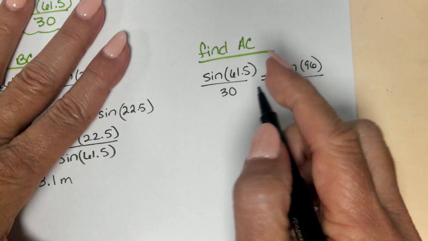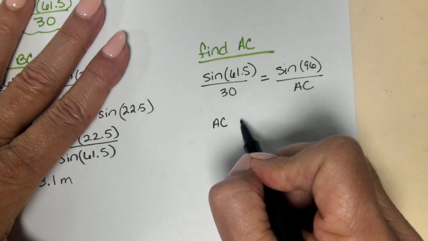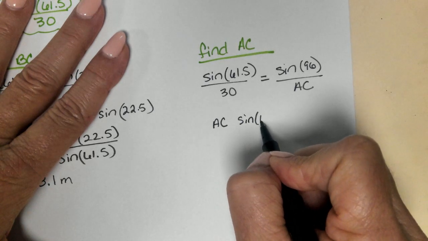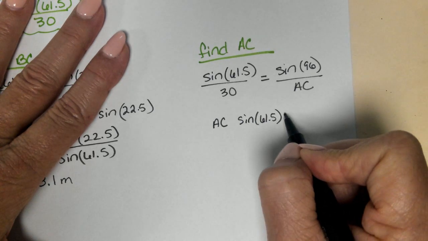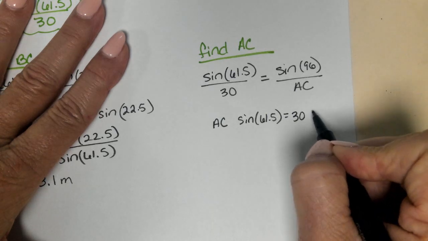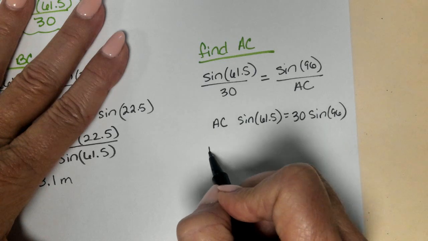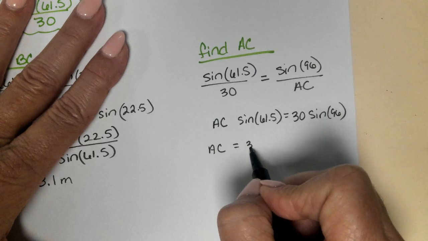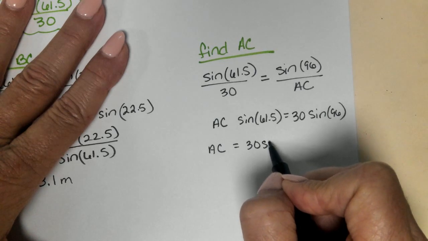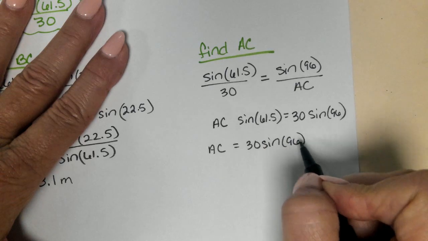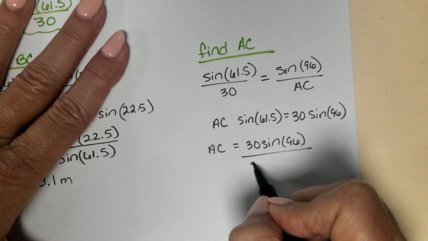Cross multiply. AC times the sine of 61.5 equals 30 times the sine of 96. Divide both sides by the sine of 61.5.